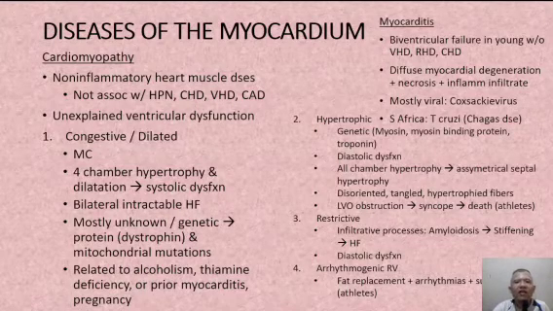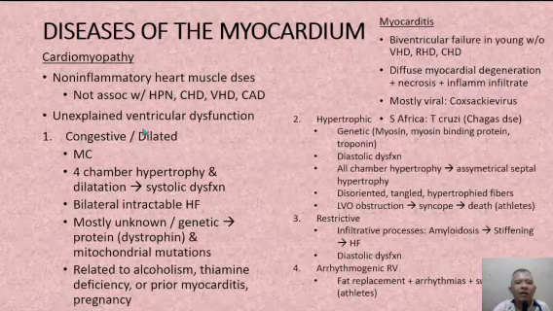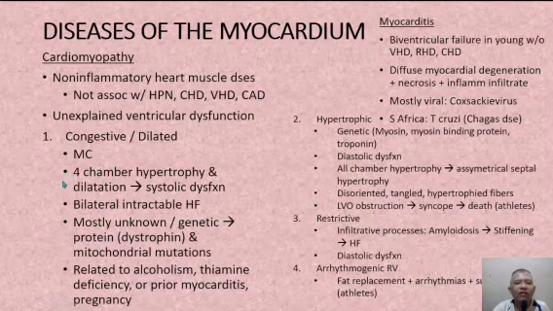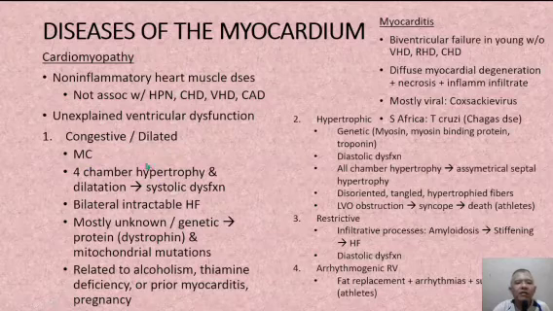The first type is dilated cardiomyopathy, secondary to a problem in the dystrophin gene, leading to dilation of all the chambers, all the ventricular and atrial walls.